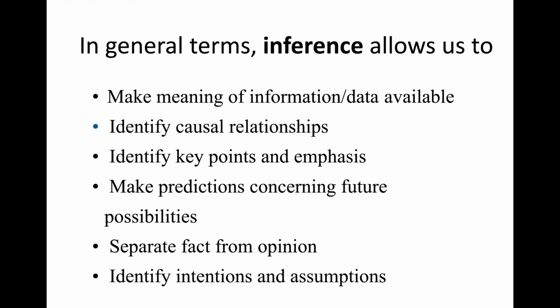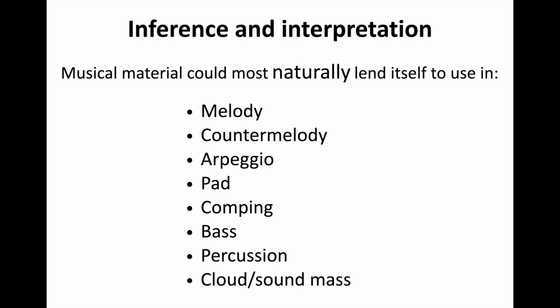So, in general terms, inference allows us to make meaningful information out of the data available. It enables us to identify causal relationships. It can identify key points and emphasis, and it can help us make predictions as to what will happen in the future. Now, in music, different possibilities can lend themselves to different things.